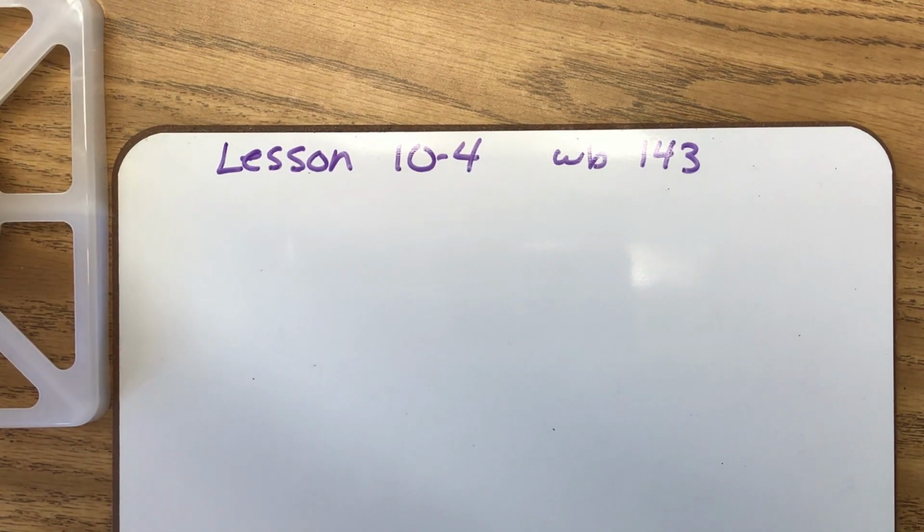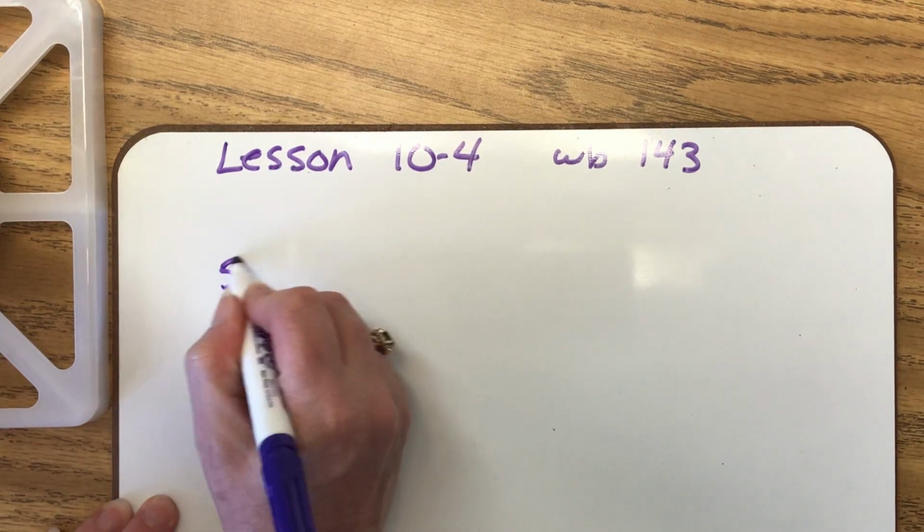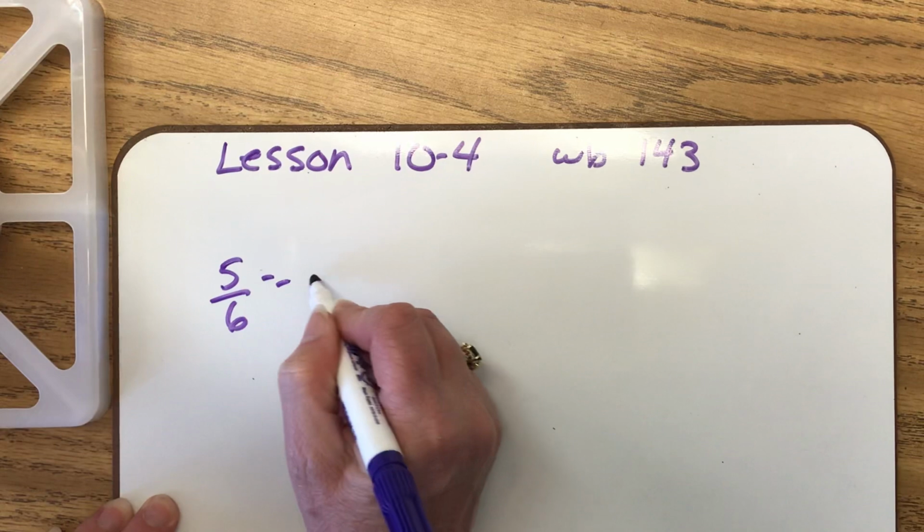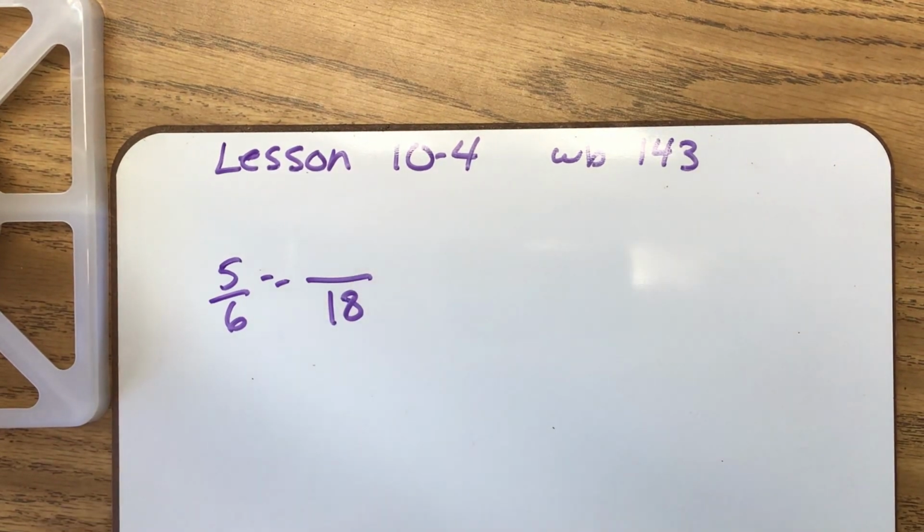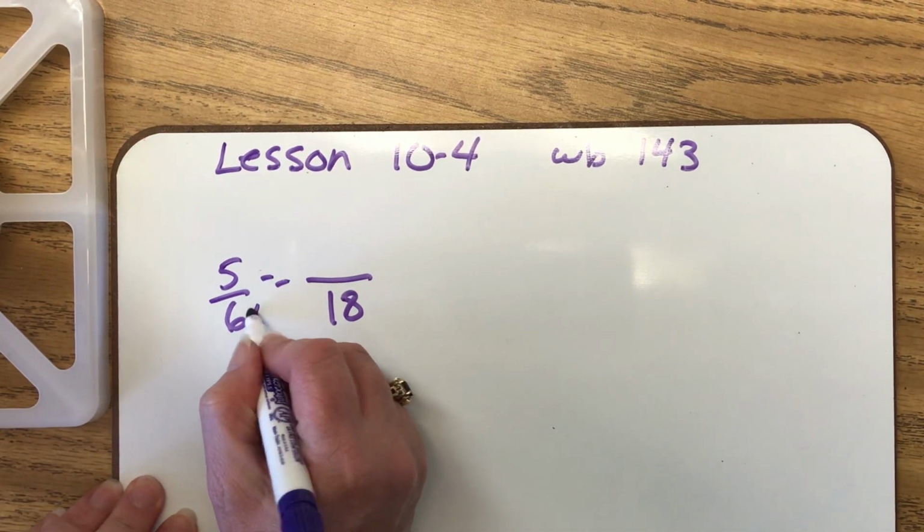So if I look at number 1 on page 143, it says 5/6 equals how many 18ths? So I need to ask myself, 6 times what equals 18? Well, 6 times 3.